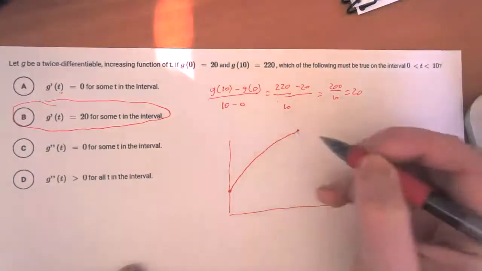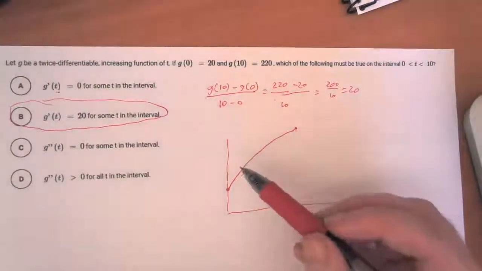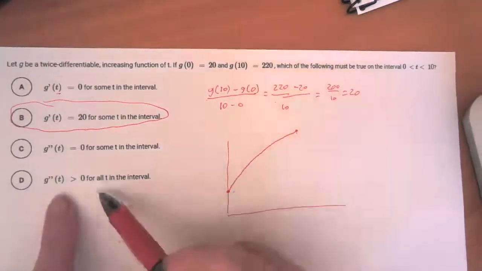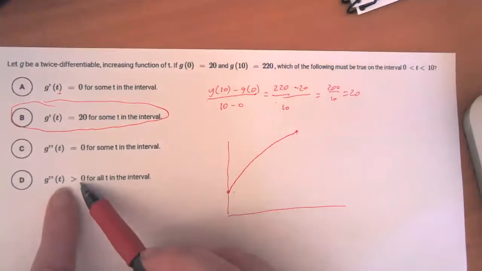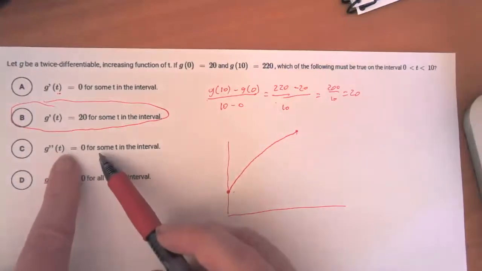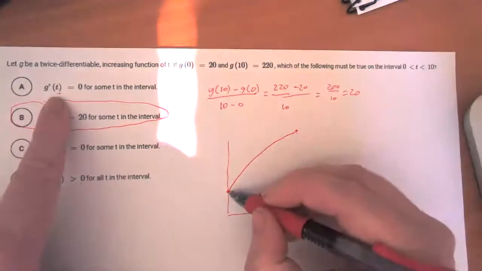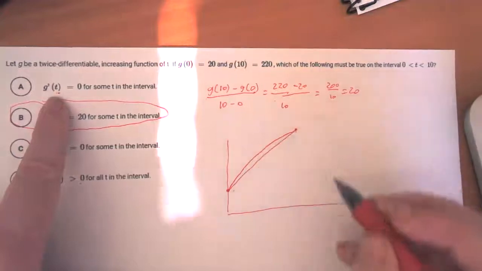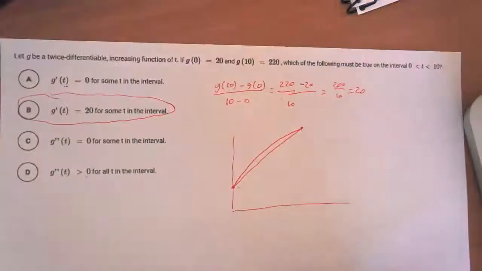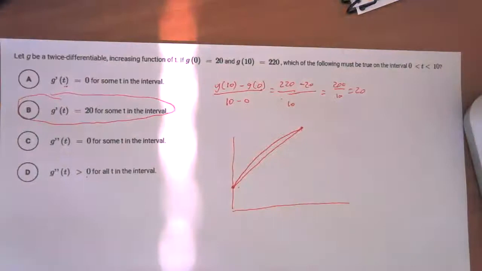I can make it look something like that. So there is a function where g prime of t is nowhere 0. And you can certainly make a line, just a line that looks like that. The derivative of that isn't 0 anywhere along that line.